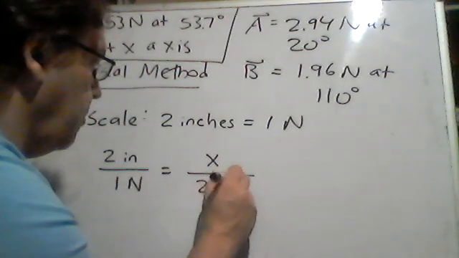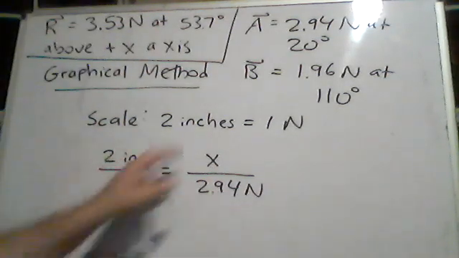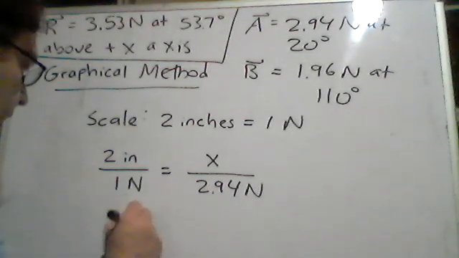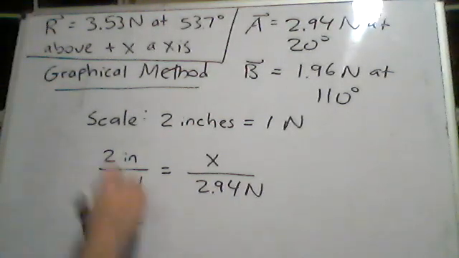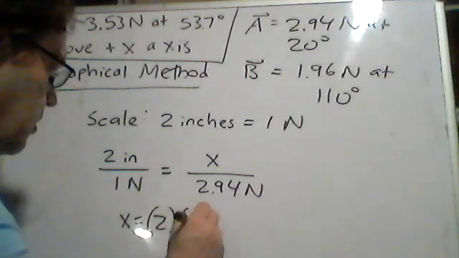I'm just doing a simple proportionality problem. That's all I'm doing. And so I'm going to cross multiply, and 1 times x is x. It's going to be equal to 2 times 2.94 newtons.